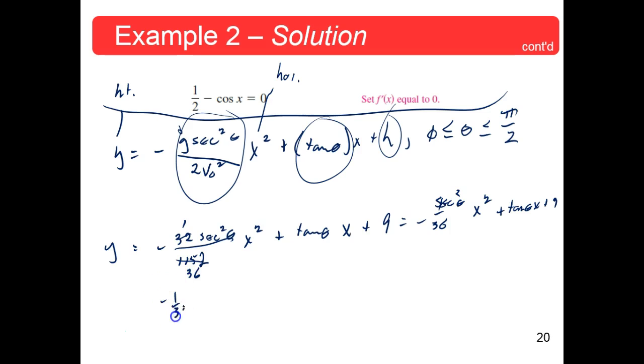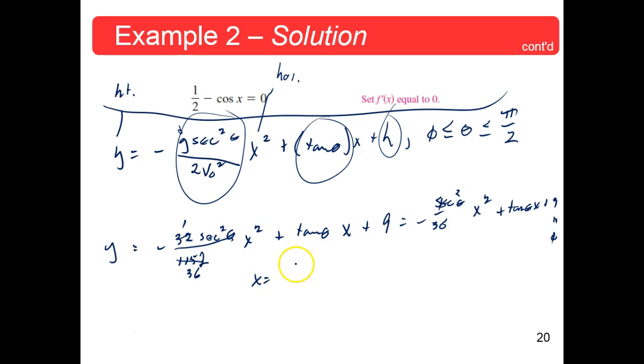Negative 1 over 36 secant squared theta, I'm not going to write it again. We just set this equal to 0, I just don't have much room, and then you do the quadratic formula. Anyone remember it?